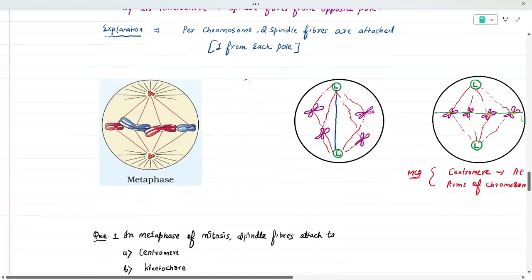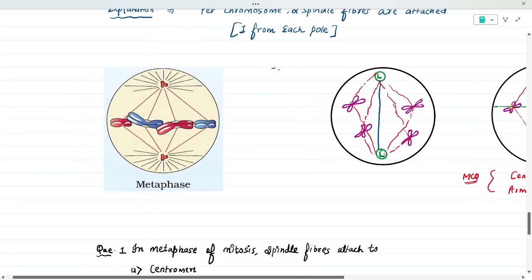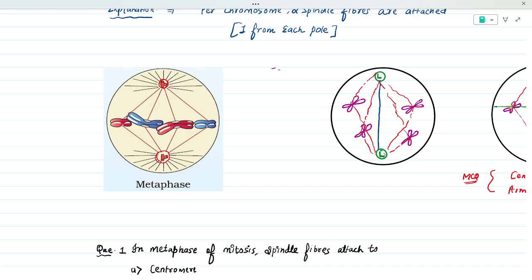You can see here in the NCERT diagram, this is one pair of centrioles, this is another pair of centrioles. So here continuous fibers are not shown. That is not essential to show in this diagram. That was just to make you understand. Here these are the discontinuous fibers. Per chromosome you can see 2 fibers. This is one fiber, this is the second fiber.